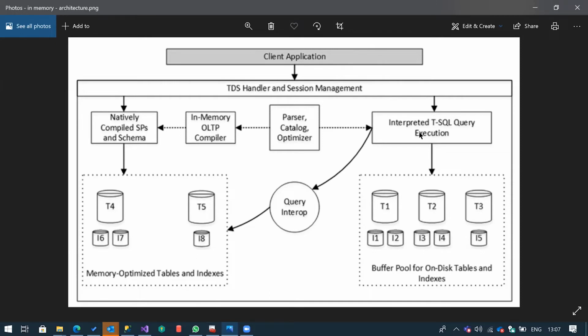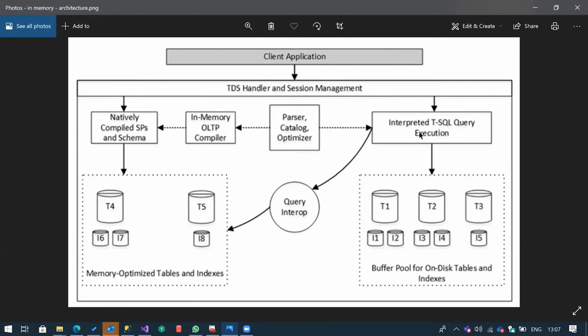There is no assumption, there is no estimation about the data which SQL Server has to process in a natively compiled stored procedure. That is a balance between the overhead of recompilation and performance.